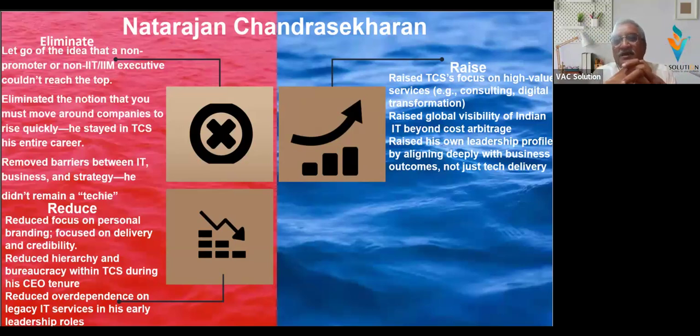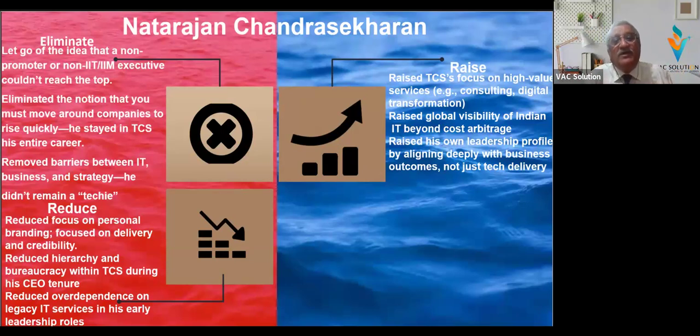Why? Because we allow ourselves to be defined by the designation we hold. We hold a designation and we stick to it. This is my designation. I have to do this. We don't look for edge innovation around the edges of the designation.